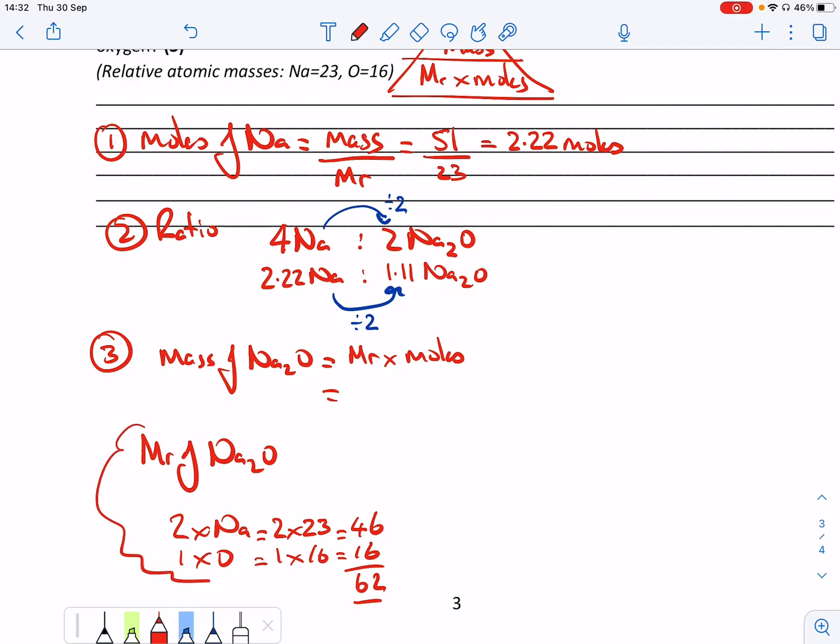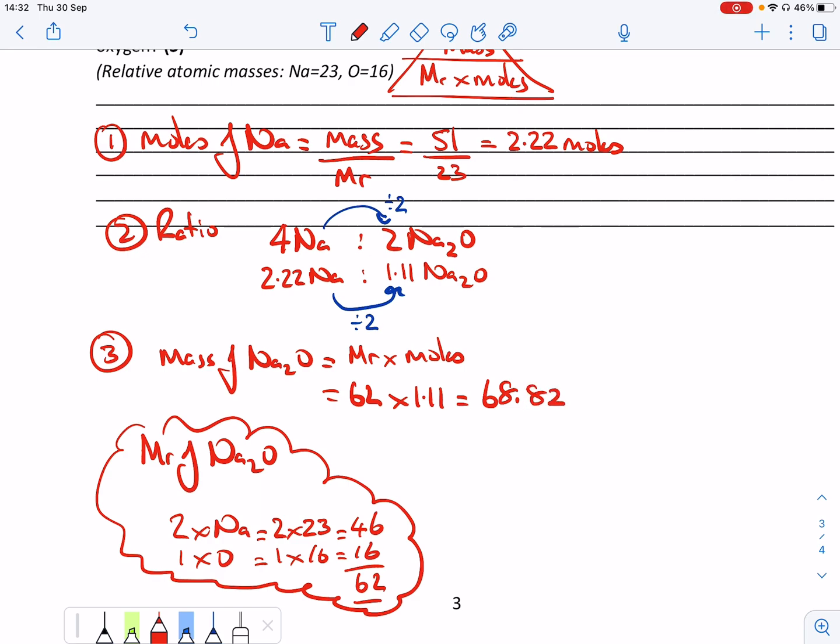So I'm going to put this out of the way for a minute. So the Mr for sodium oxide is 62, times by the number of moles, which we just worked out, is 1.11. When you work that out together, we get an answer of 68.82 grams as a final answer.